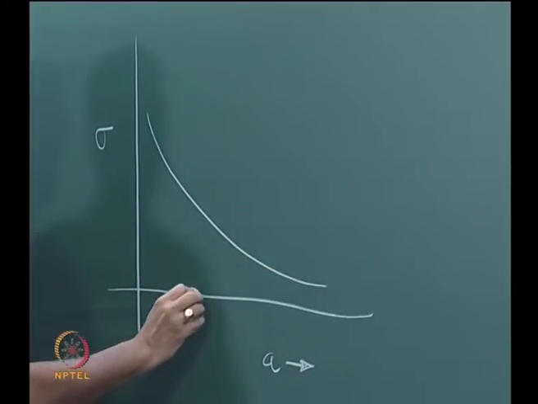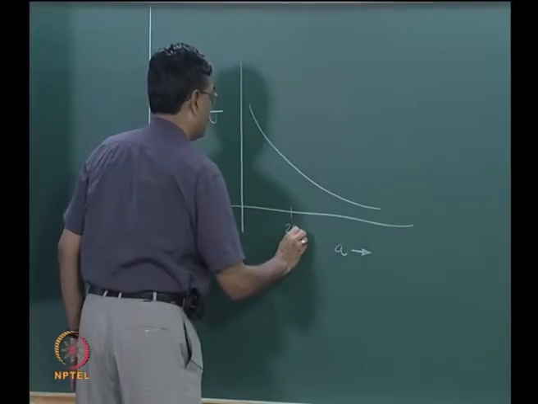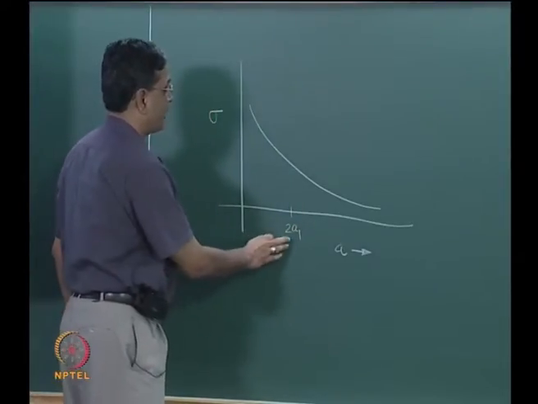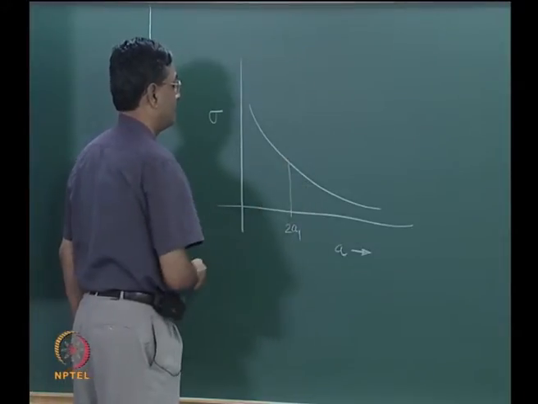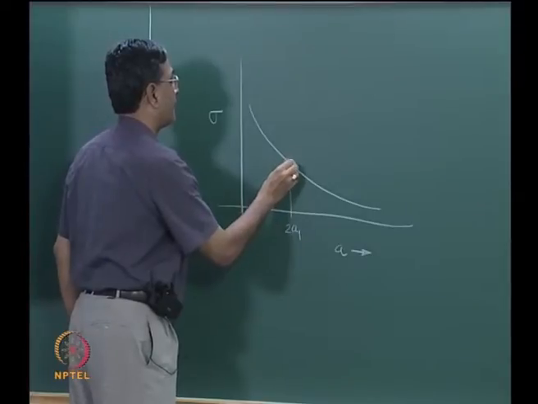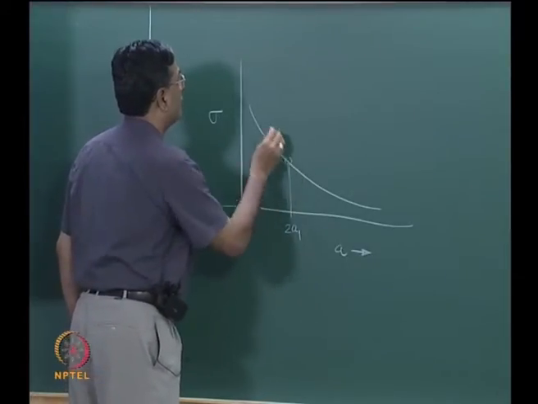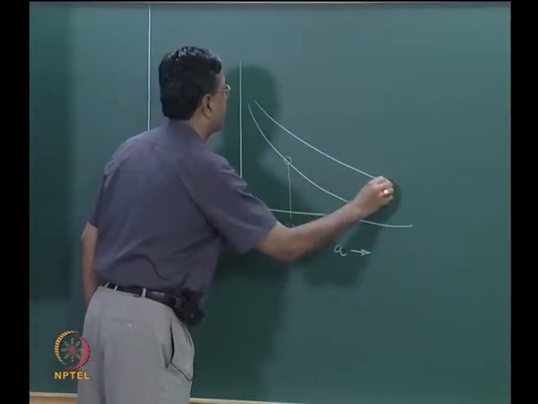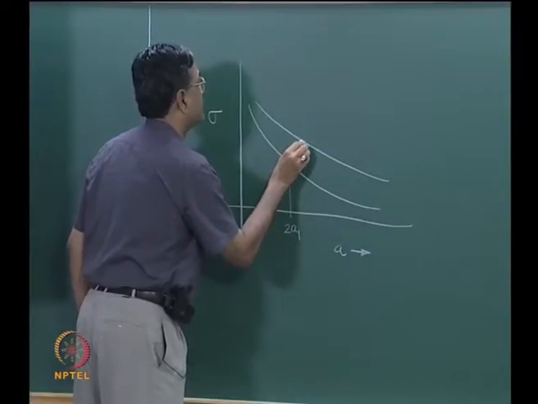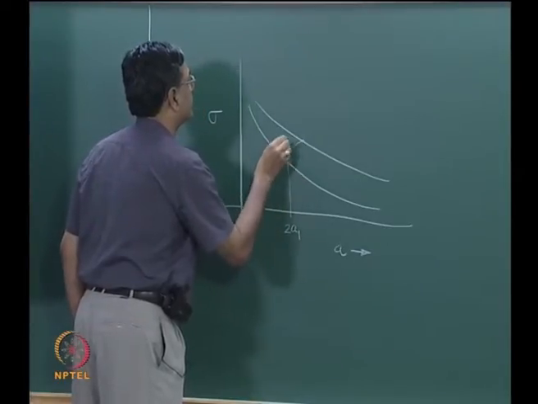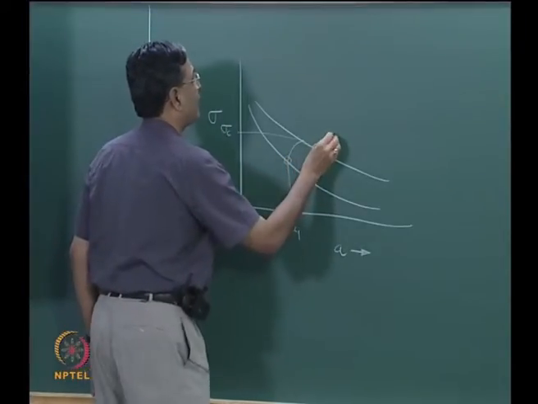Suppose for a crack of length 2a1, at a particular value of stress you have crack initiation, and you could have another graph like this. The crack would propagate like this, and at this value of stress, which is sigma c, you will have a catastrophic failure.